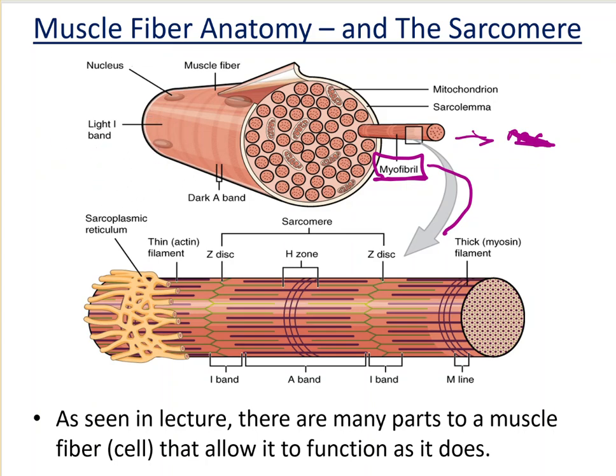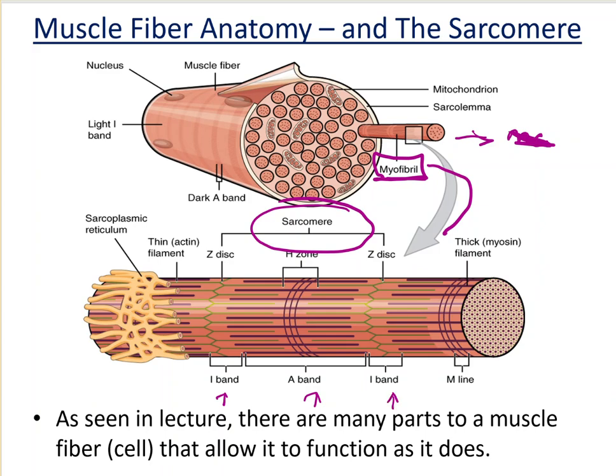Okay. First thing you need to know is what actually creates these striations. So these striations are caused by something called your sarcomeres. And your sarcomeres are going to be a repeating pattern. So this here, your sarcomere, is a repeating pattern of I-band, A-band, I-band.